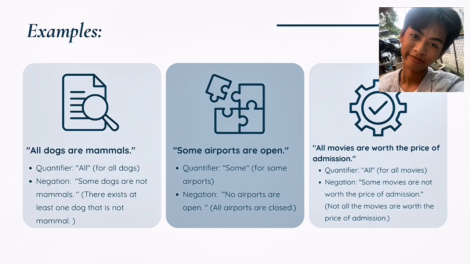Now let's proceed to the next example. "Some airports are open." Our quantifier would be "some" because we are referring to some airports, and our negation would be "no airports are open."